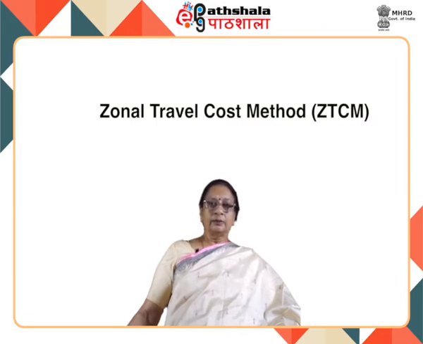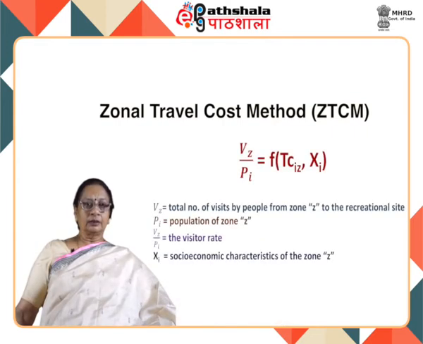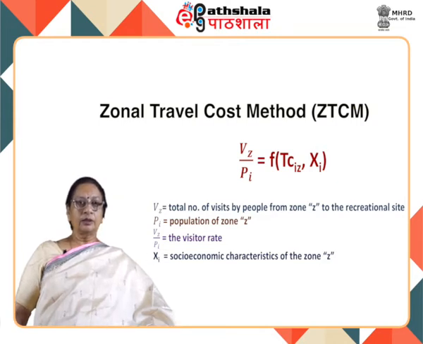Mathematically, the demand function for a given recreational site from zone Z may be defined from the above equation as Vz divided by Pi is the function of TCiz, Xj, where Vz is the total number of visits by people from zone Z to the recreational site.